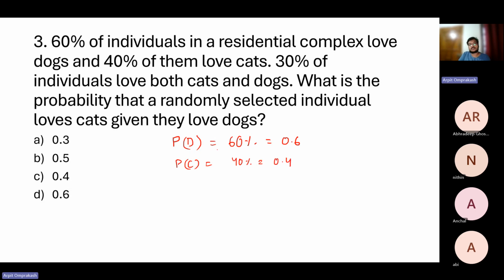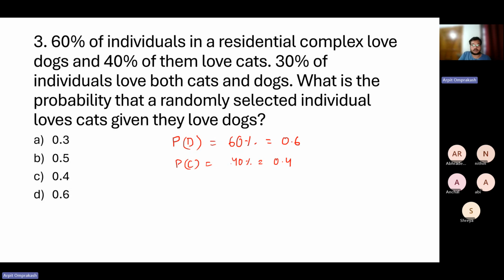Then we have 30% of individuals love both cats and dogs. So the probability of someone loving cats and dogs, or the probability of C intersection D here, will be 30%, which is 0.3. So we are asked, what is the probability that a randomly selected individual loves cats given that they love dogs? So we are now trying to find the probability that someone loves cats given that they love dogs.